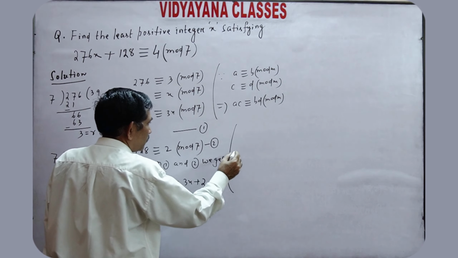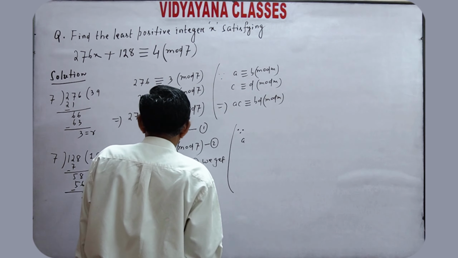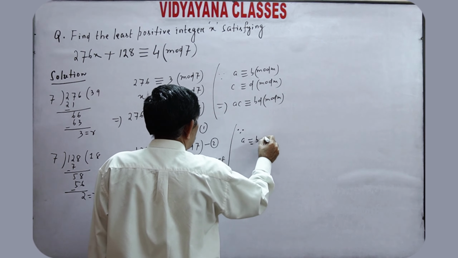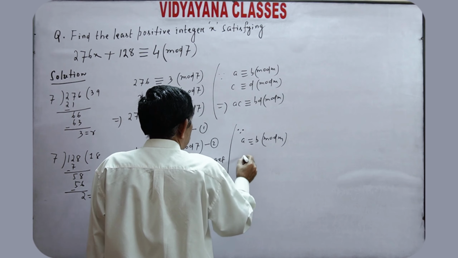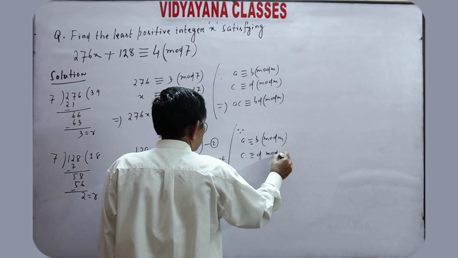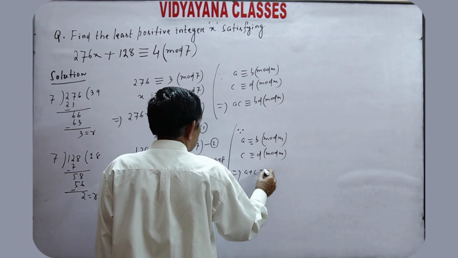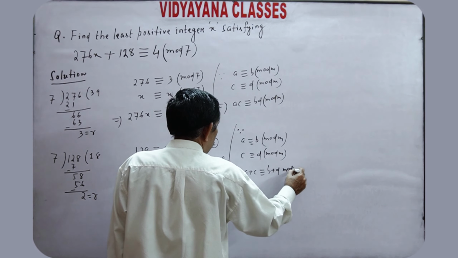Since a congruent to b mod m, c congruent to d mod m implies a plus c congruent to b plus d mod m.